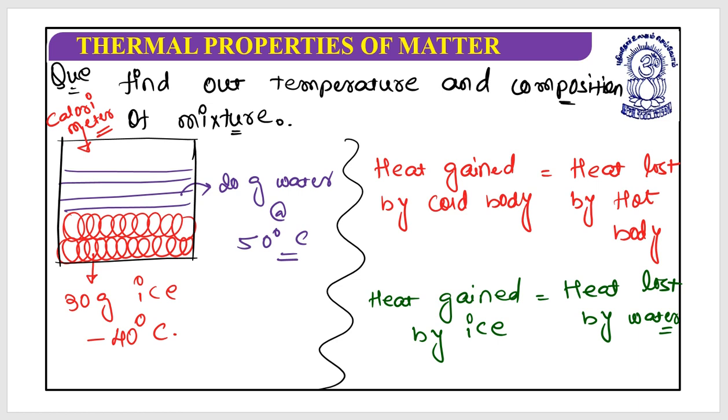The answer to this question can be given by the temperature of the objects that you have mixed. Yes, the higher the temperature, the more capability it has to lose heat. The lower the temperature, the more capability it has to gain heat. I hope this is clear.